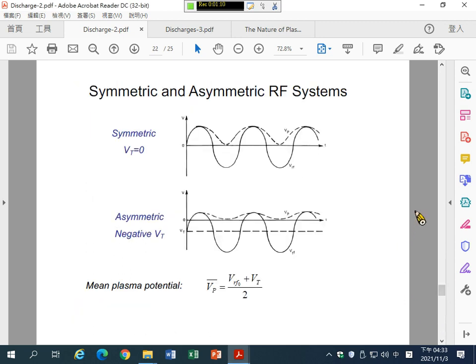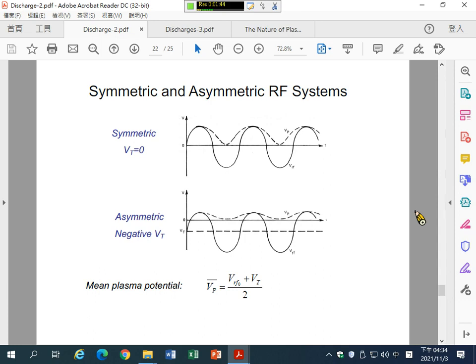Okay, so in symmetrical system, we can compare the potential. Here, the solid curve is the potential on the RF hot electrode, and this line is the potential on the ground electrode. And the potential on the ground electrode is always equal to 0 volt.